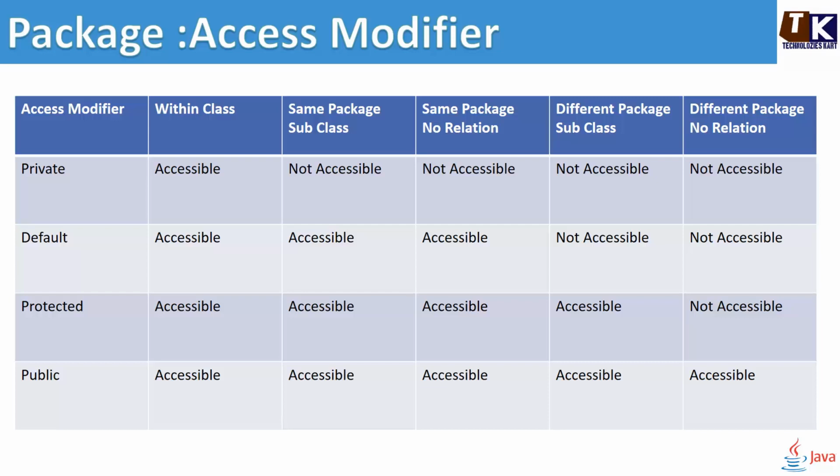If a class attribute or behavior is protected, then it will be accessible in all places but only for the child of that class. However, the child can only use that protected attribute or behavior in its own class. Even an existing class cannot use its own protected attribute or behavior through a parent reference.